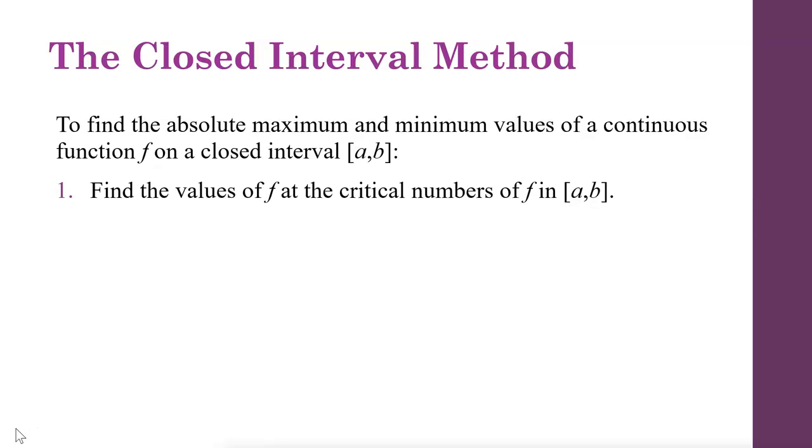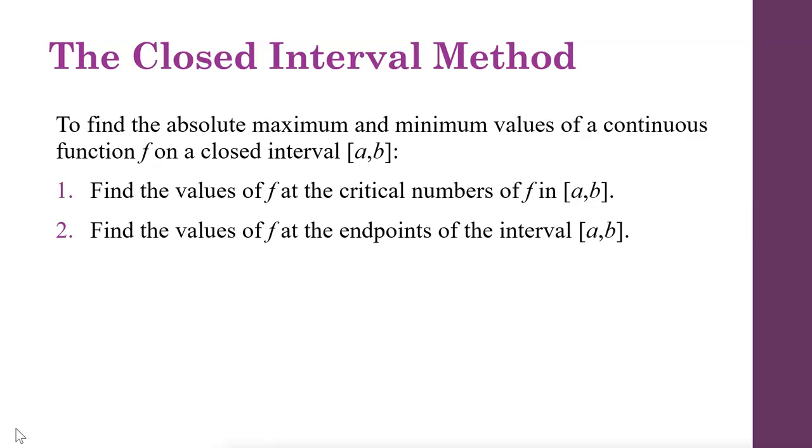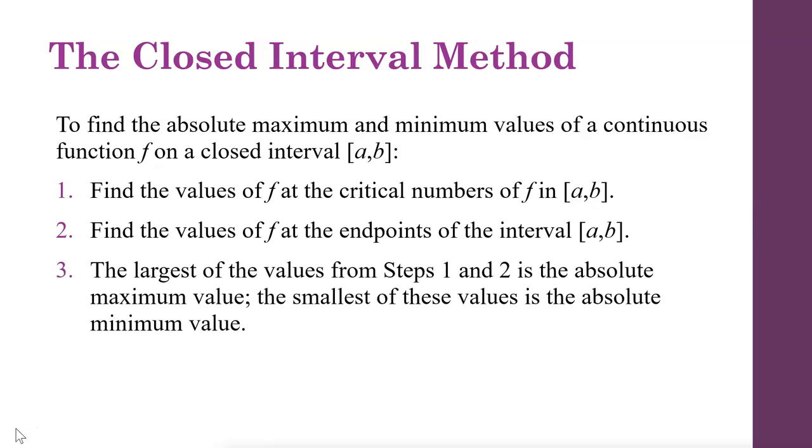So we find the critical numbers, plug them into our function, find the value at those points. Do the same thing for the endpoints of our interval. So find f of a and f of b. And then look at all the values we have found. So the function evaluated at our critical numbers and the function evaluated at the endpoints, and find the largest value and the smallest value. Those would be our absolute maximum and minimum.